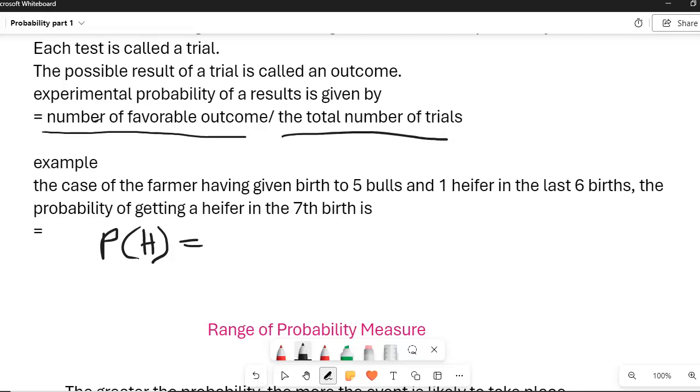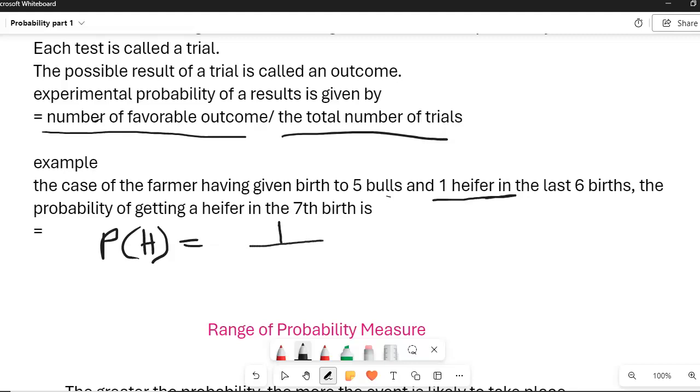This is given by the total number of favorable outcomes. How many heifers have we had in our previous births? We only have one heifer. So this is our favorable outcome, which is 1.